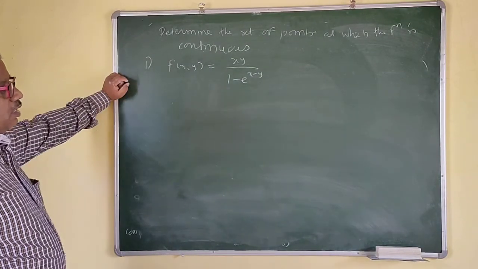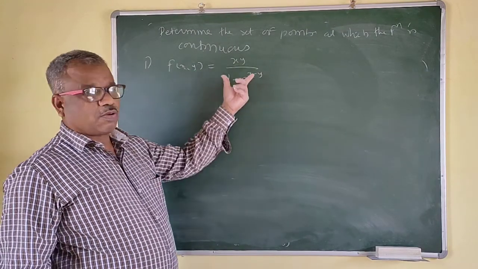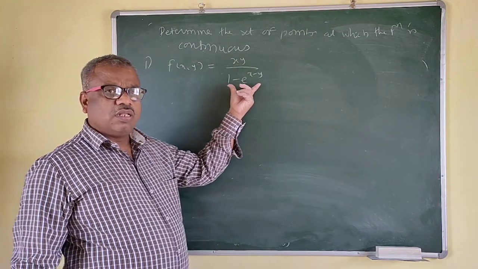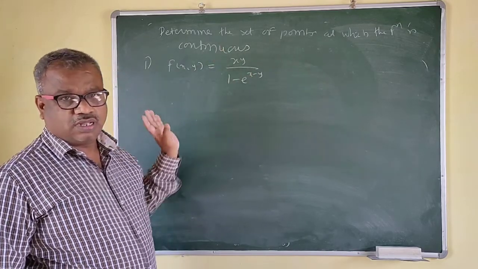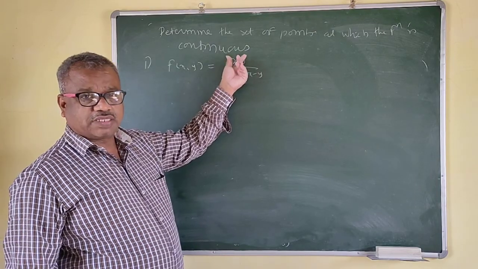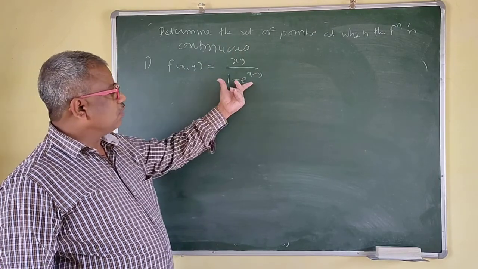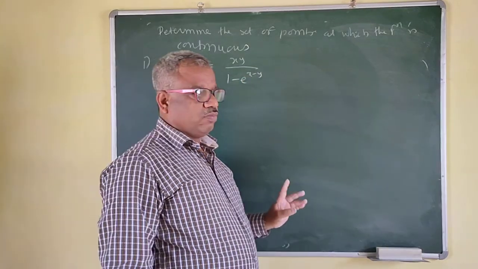Right? Now, this is the numerator and denominator. Take care of only the zeros of the denominator. Your numerator is well defined for any real values of x and y. So no problem for this one. Now your denominator is also well defined for any value. But what is the problem?